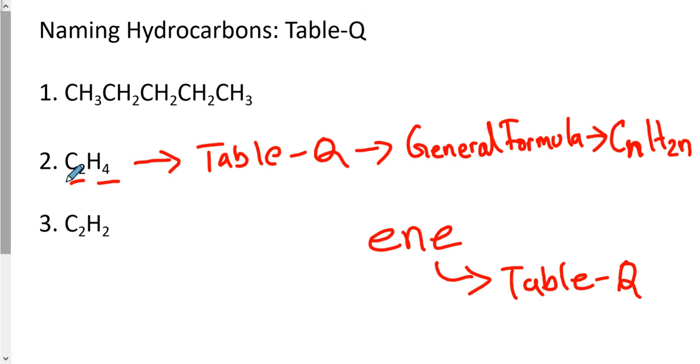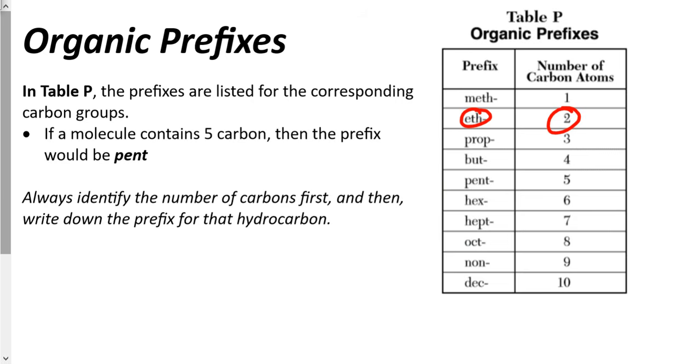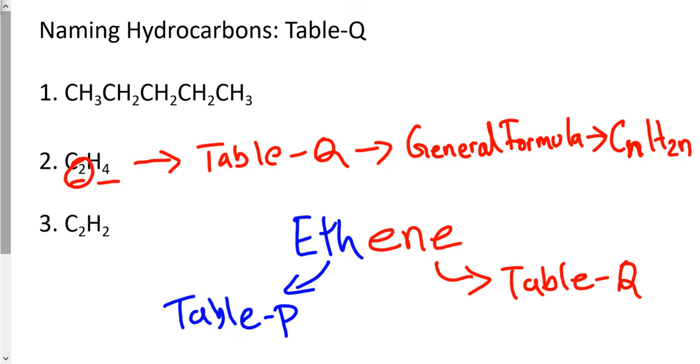Since we have 2 carbons, I have to use reference table P to figure out the prefix for this organic hydrocarbon. Since I have 2 carbons in total, the prefix would be eth. Therefore, the name should be ethene. Again, always use reference table Q and P to identify the name of the given hydrocarbon.